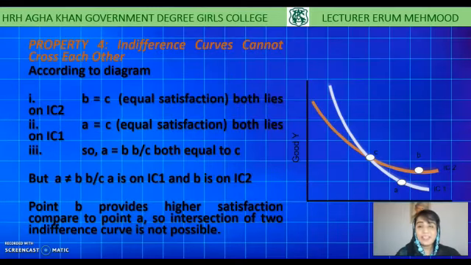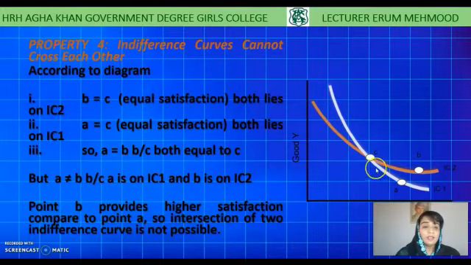The fourth property is that indifference curves cannot cross each other. What does that mean? In this diagram we have 2 indifference curves, indifference curve 1 and indifference curve 2. And point C is present if the indifference curves cross each other. So point C is a common point that represents the level of satisfaction simultaneously on indifference curve 1 and indifference curve 2.